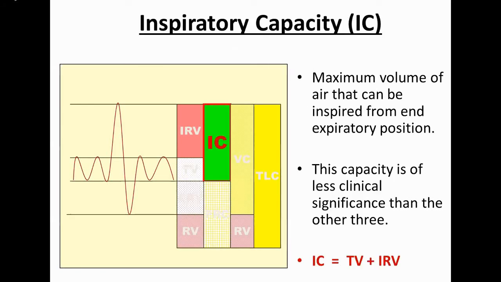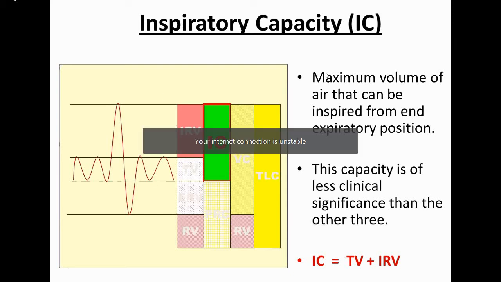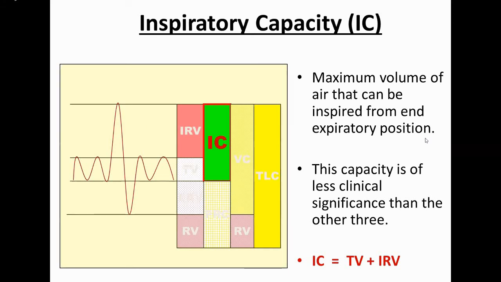Then coming to the inspiratory capacity. This inspiratory capacity is the maximum volume of air that can be inspired from the end of expiratory position. This capacity is of less clinical significance than the other three.